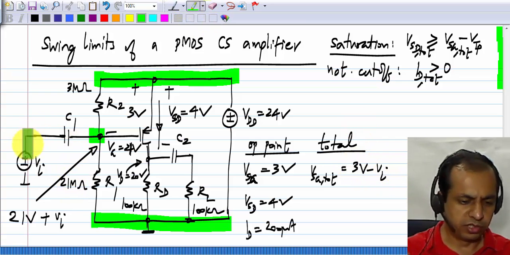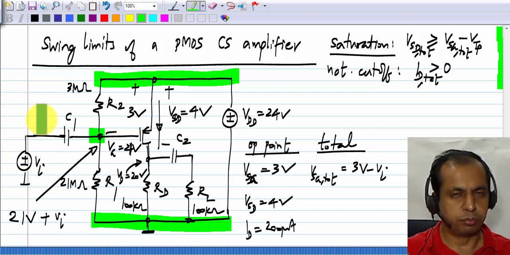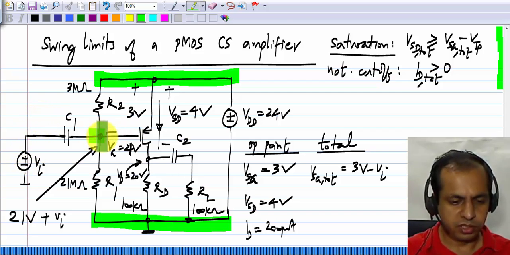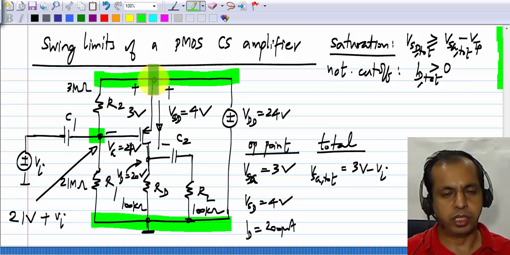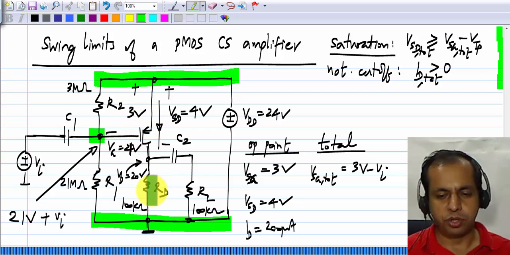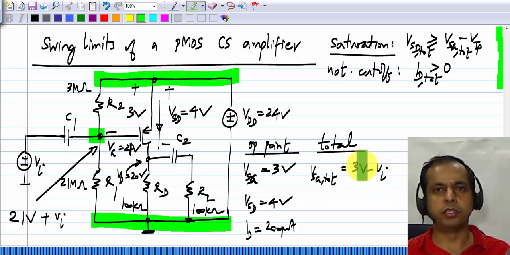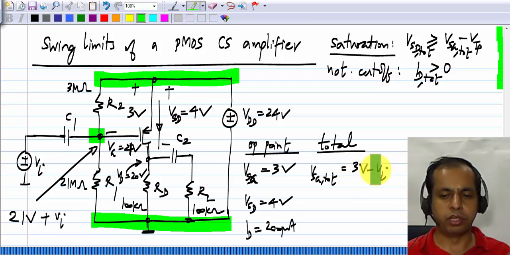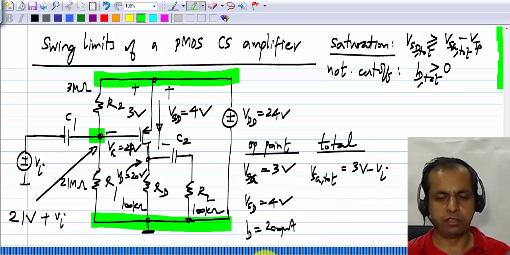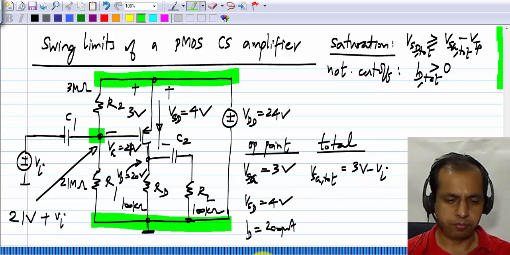Another way to think about it is that if Vi has a positive value, then the gate voltage increases and the source voltage remains the same, so the source gate voltage actually reduces because the gate is going up. So already you see the crucial difference here. In case of an NMOS common source amplifier, this would have been 3 volts plus Vi, or the quiescent VGS plus Vi. Now we have a minus.